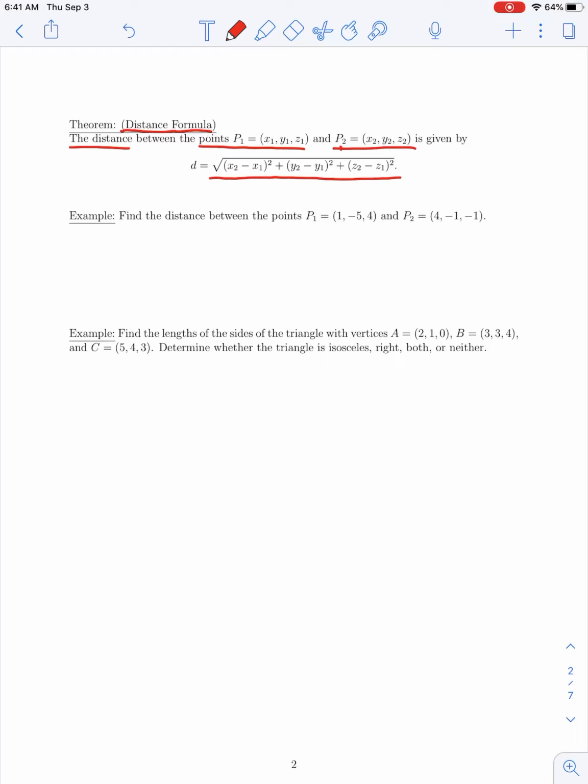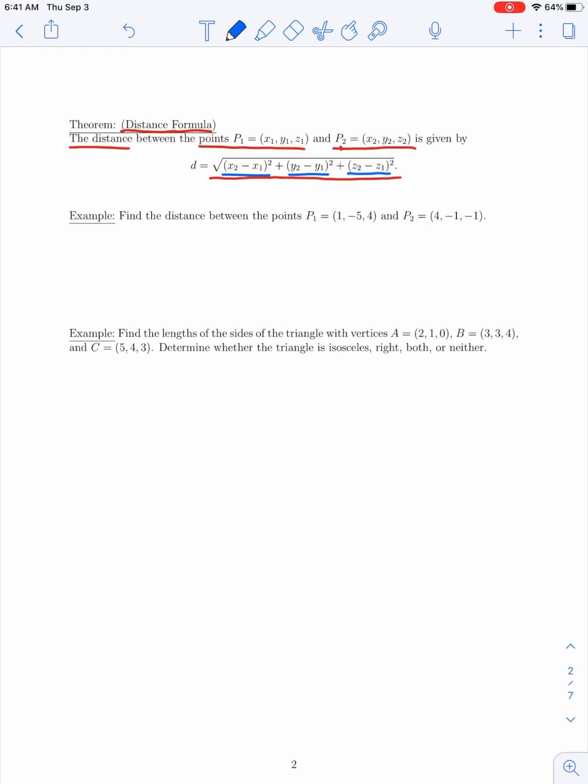So that is the square root of the sum of x2 minus x1 squared, y2 minus y1 squared, and z2 minus z1 squared. So this is very similar to our distance formula in the plane, now just extended to 3 dimensions.